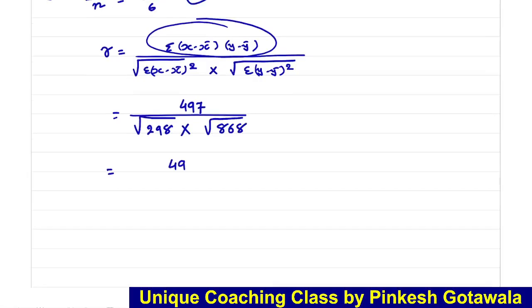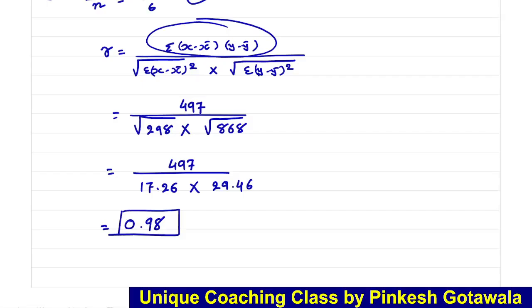So 497 divided by root of 298 into 868. If we take out the roots, we get 17.16 and here 29.46. So now let's find the final answer. We get 0.98. Okay, so here our sum is completed.